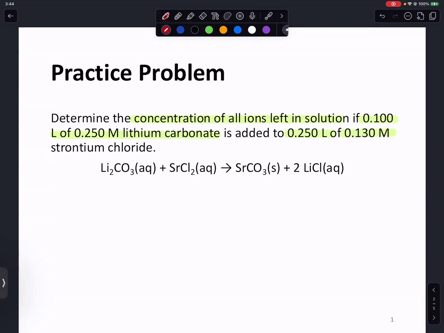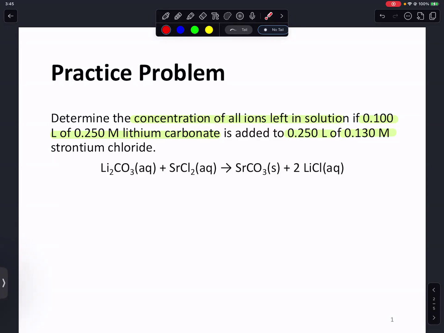Now, you are given the balanced equation. Sometimes you're not, so you're required to write it. In this particular problem, it is given to us, as well as the total ionic equation and the net ionic equation.